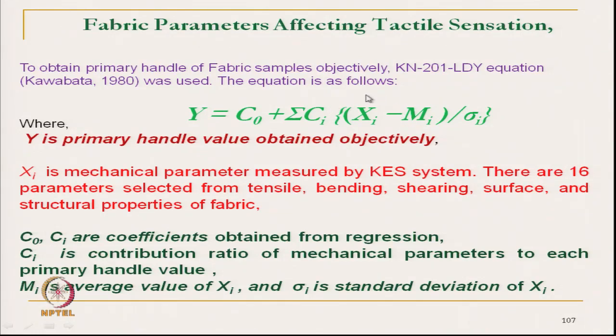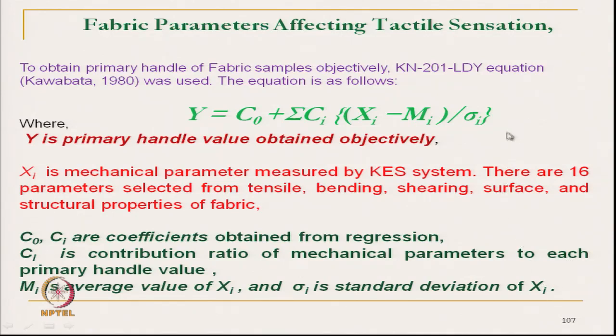Xi denotes the individual parameters, like tensile related parameters and shear related parameters, and m is the mean of the parameter Xi, and this is the standard deviation of Xi.